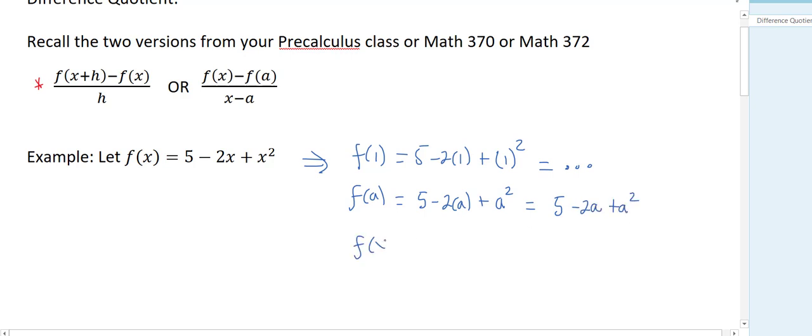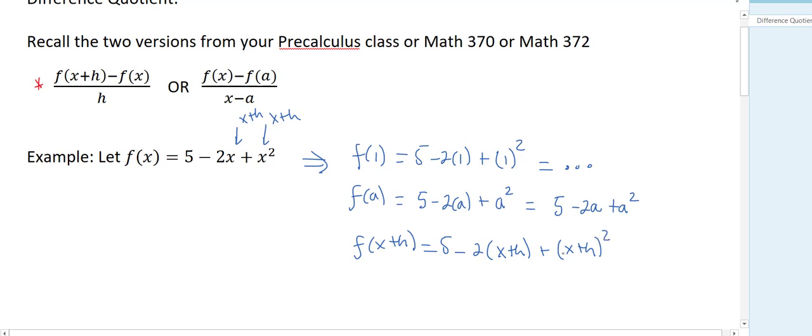So f of x plus h, same thing. We are replacing every x with the thing inside the parentheses. We replaced it with 1, we replaced it with a. Now we're going to replace it with x plus h. So I'm going to have 5 minus 2 times x plus h, plus x plus h quantity squared.